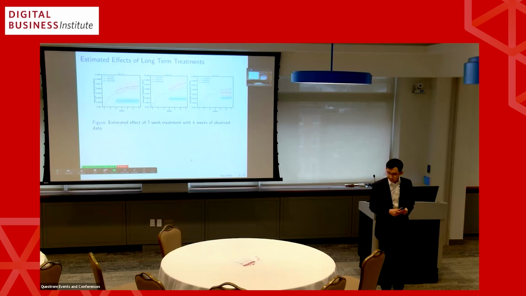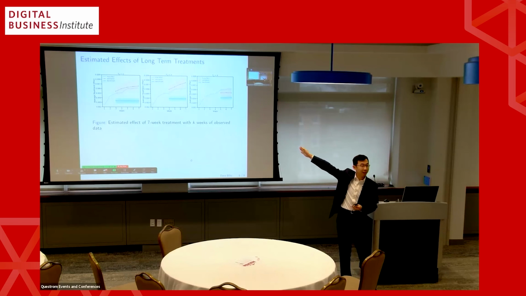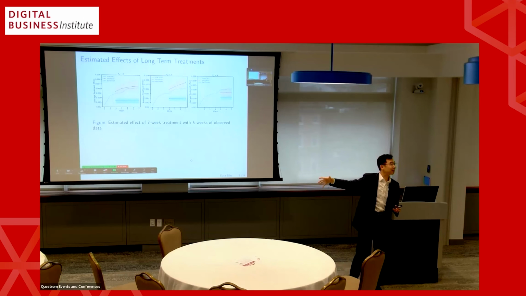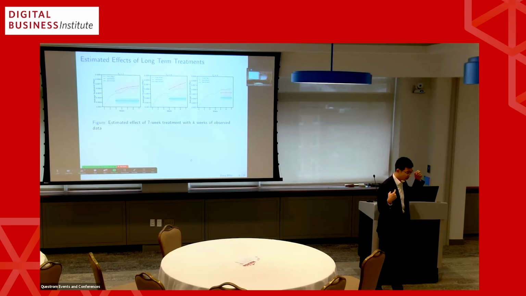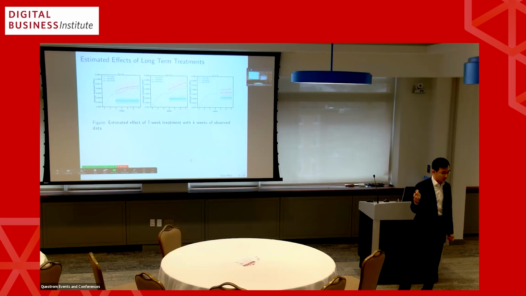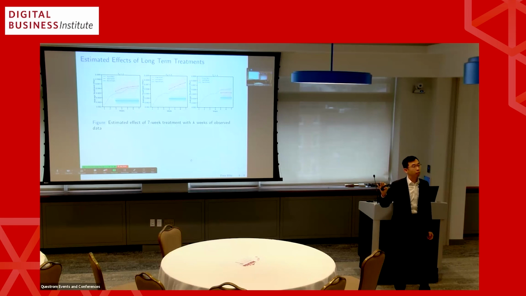Yeah, as you will see from these three pictures, of course, the more data you collect, the more accurate you're going to predict. So if you want to incorporate cost into this framework, then you have to come up with a metric that shows you how much value one additional week of data is. And if you can quantify that part, then you can weigh it with the costs and look at the trade-off.